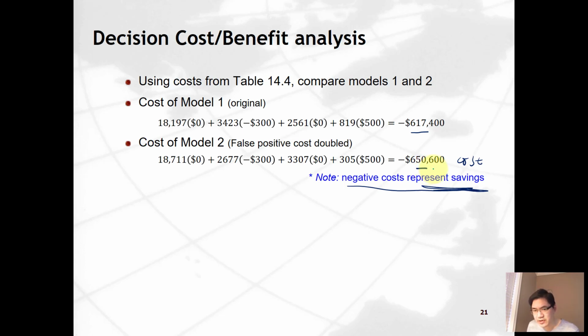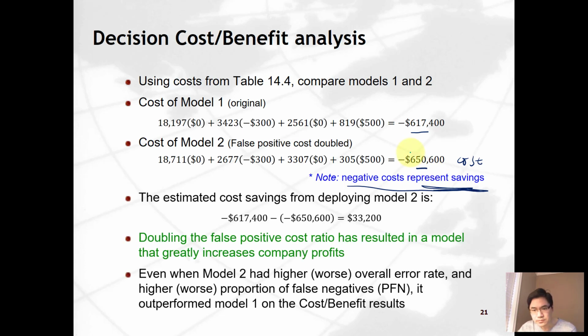So it's a significant difference even for a small business, for a small bank. All of this difference is because of the change of the ratio between the cost and benefit of false positive versus the true positive.